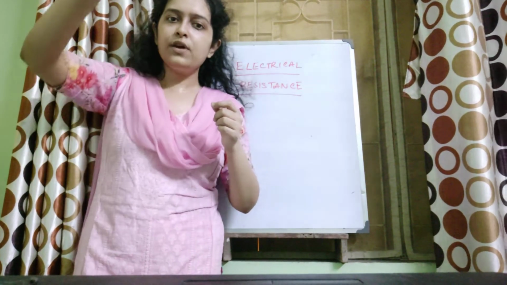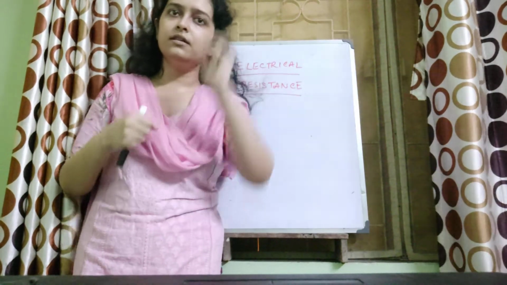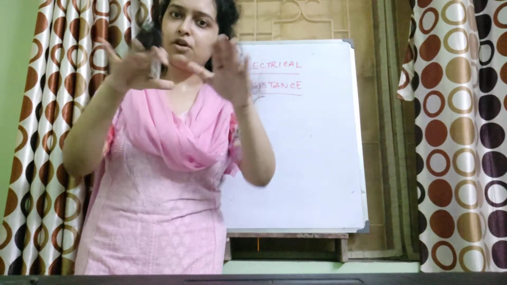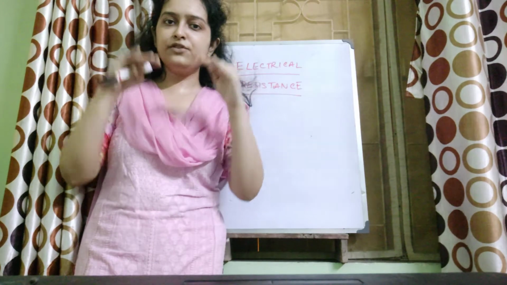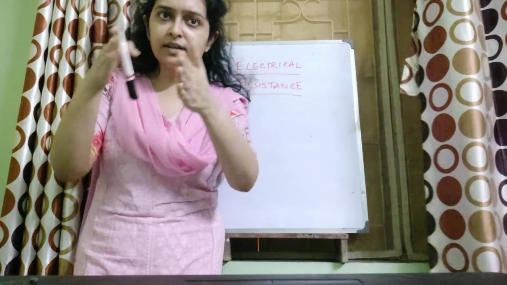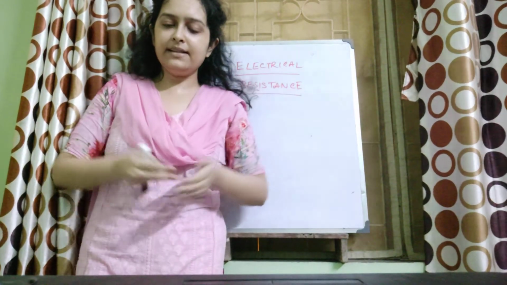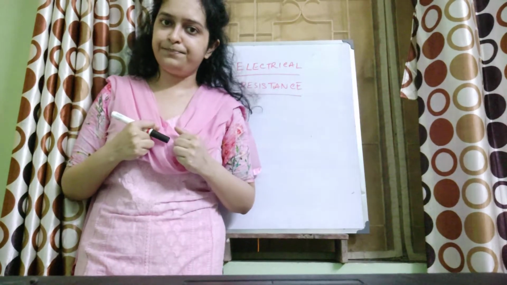When they move, they will collide with other electrons and other ions also. Those will try to slow down the speed of electrons, just like you will try to slow down my speed. They will try to obstruct their path because electrons are colliding with each other while they are moving from one part to another.